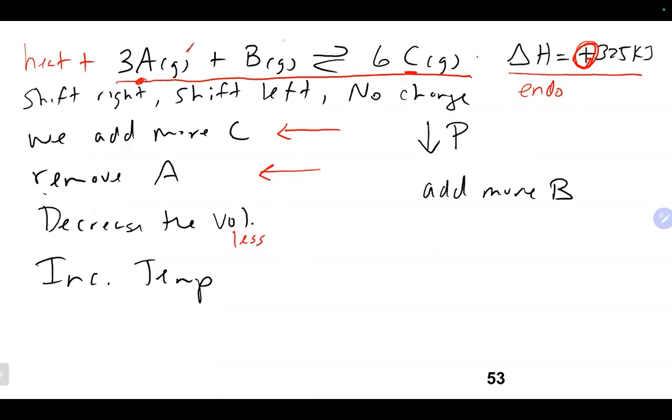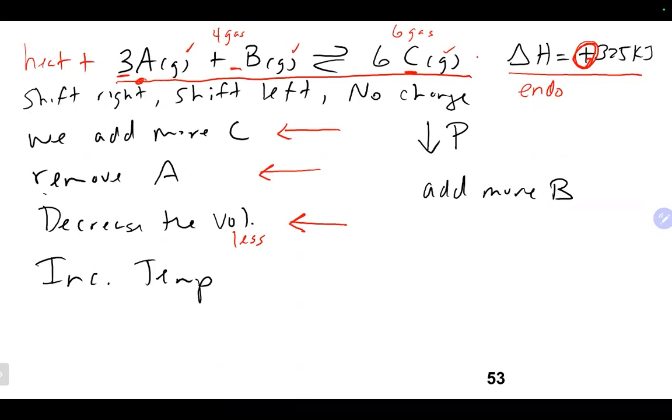Each of these is a gas, and there's a 3 here and a 1 here. That is 4 gas molecules on the left-hand side. The right-hand side is gas, and there are 6. Since we want it to go to fewer gas molecules, that means going to our left-hand side, which has 4. Any questions on that one?